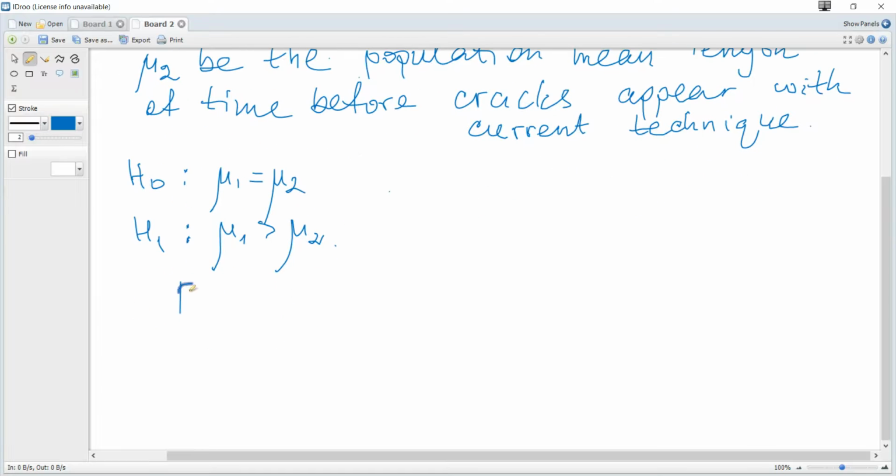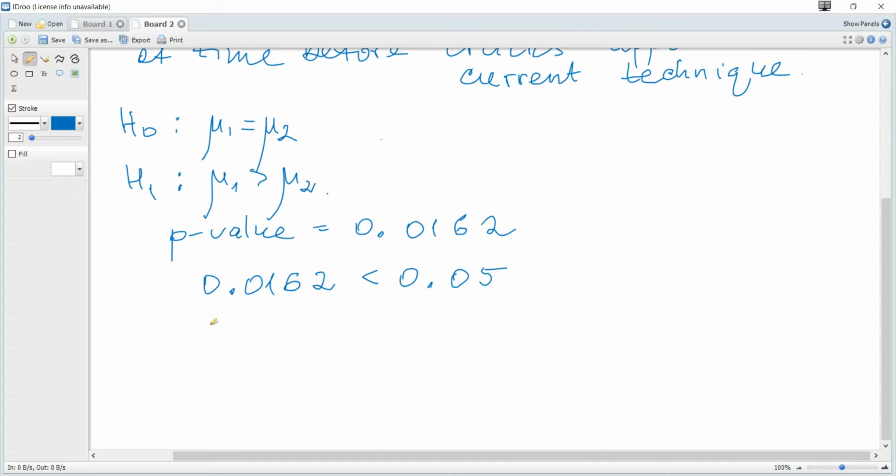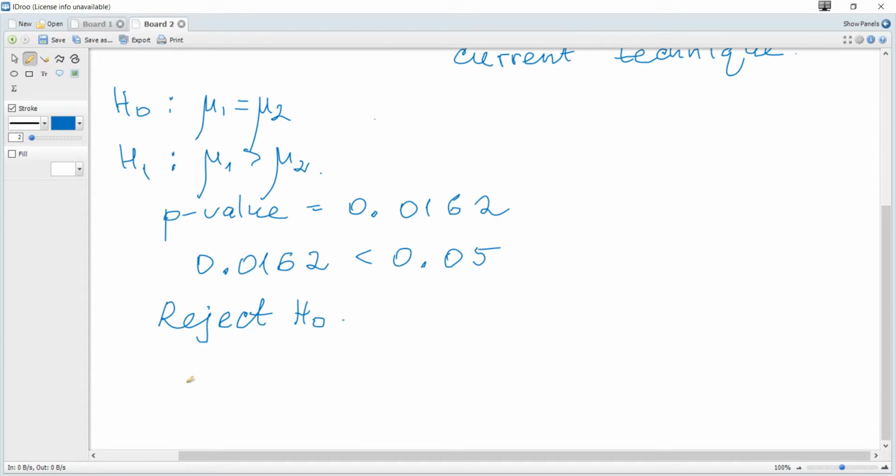So the p-value becomes 0.0162, and then as usual we compare it with the significance level, so it's less than 0.05, and conclusion: we reject H0. And what does it mean?